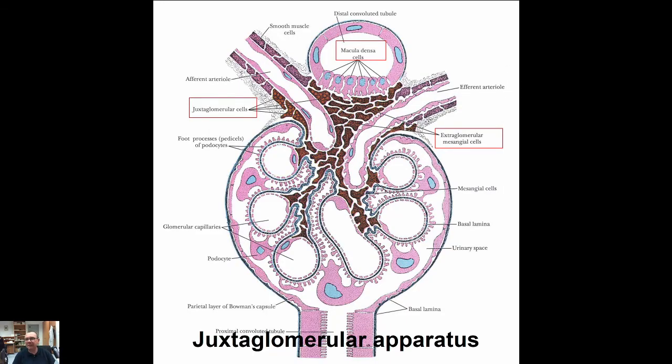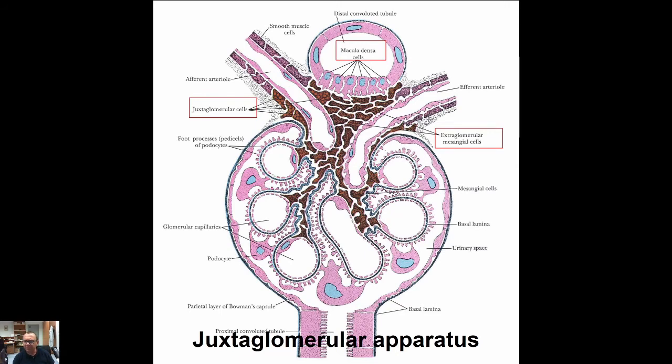When the distal tubule goes back to the cortex, it usually comes to very close vicinity of the vascular pole of this renal corpuscle, where originally the proximal tubule of the nephron began.